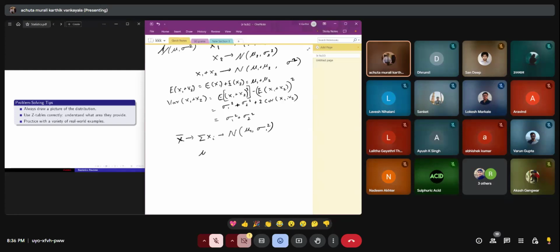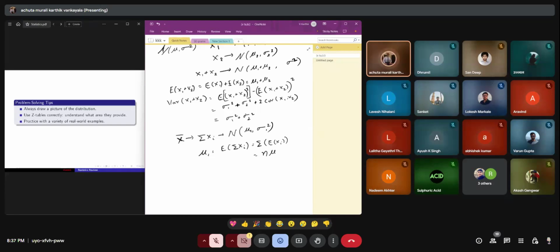Then what will be your mu1? That would be the expected value of summation xi, right? We know the expected value is linear, so this would be summation of expected value of xi. So this would be n times mu, right?